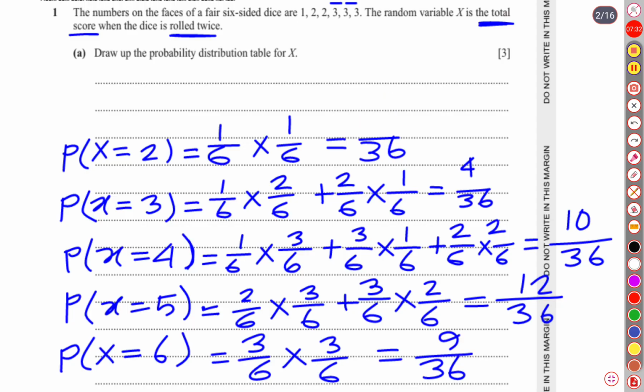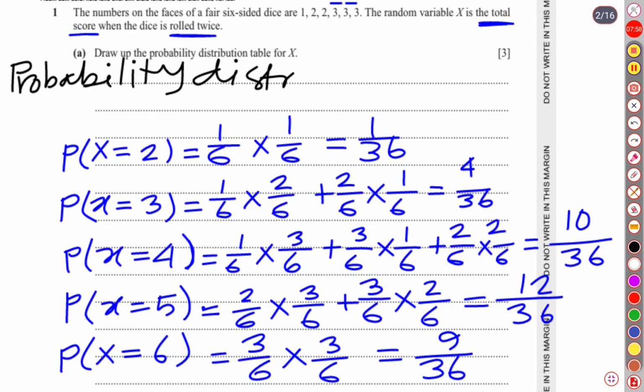Let us write the probability distribution table.